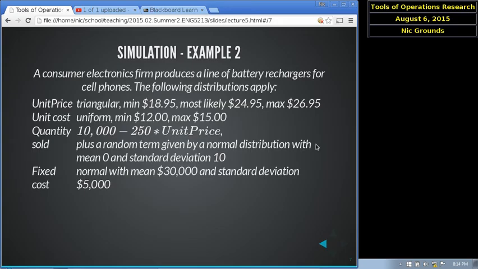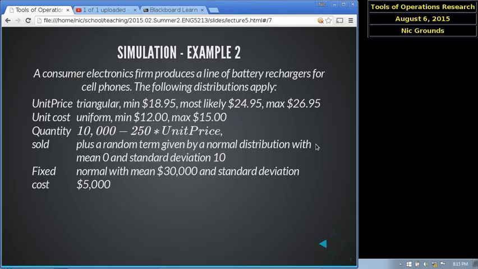But we need to know how many things we sell in order to figure out what profit we'll make. However, the quantity we sell is based partially on the price. That is, the more we charge for the units, the less of them we sell, because there are some consumers who just wouldn't buy the product if it costs too much. So we imagine the quantity sold is something like a base of 10,000 units minus 250 units for every dollar of price.